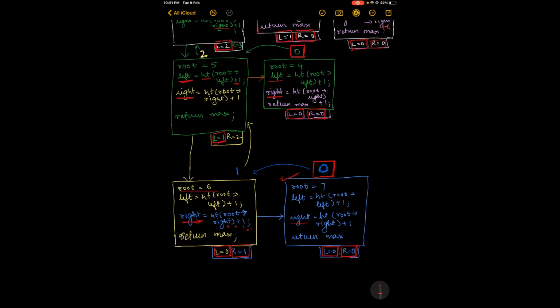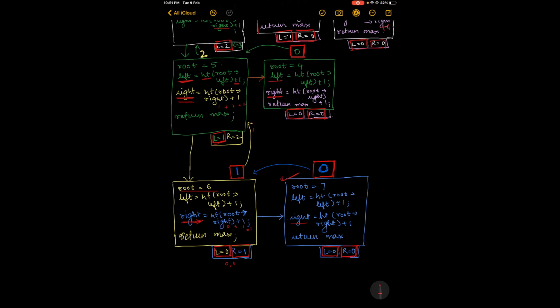So this right equals 1 is also justified, and the maximum of this 0, 1 is 1, obviously. So I have written this on top of the block. So this will be returned. Yellow arrow signifies that this is for the right variable.